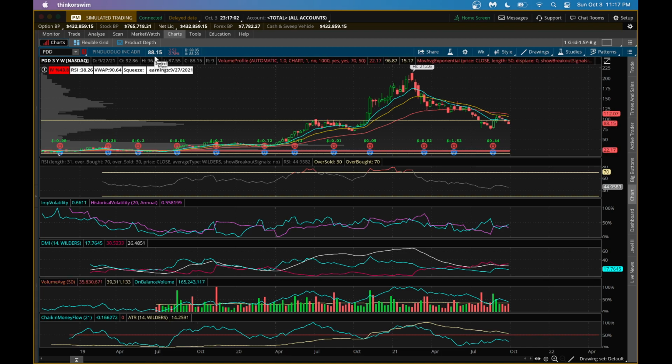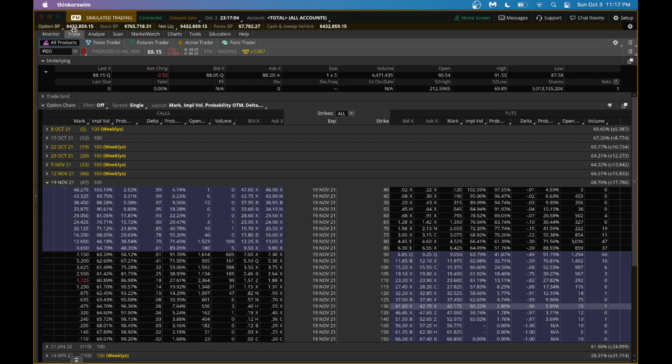Right now it's 88. And if I go to the option chain here, 47 days out is good enough to sell a put option. And as you hover here, $17 up or down. Right now the stock is at 88. That puts us around, say, $70 or so. I would say go to 65. Your probability of touch is 30%. That's good enough.